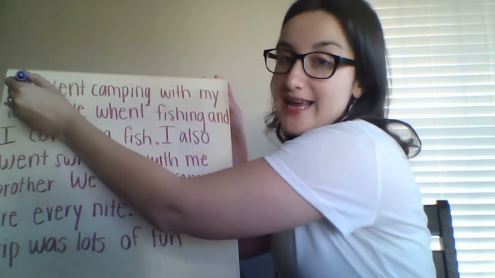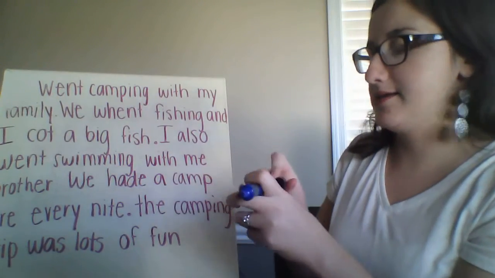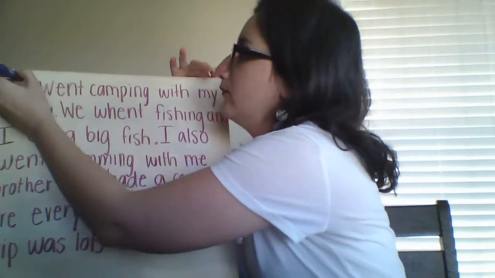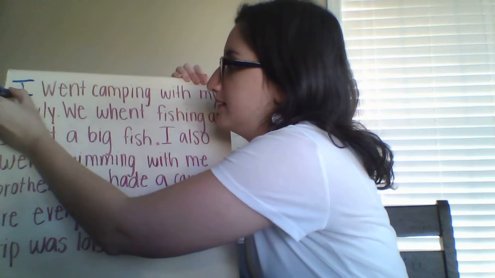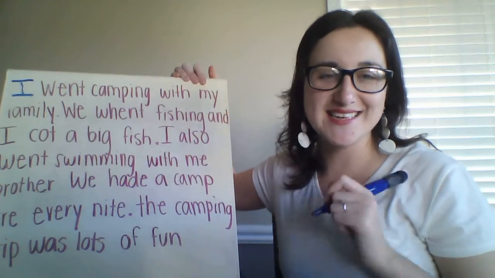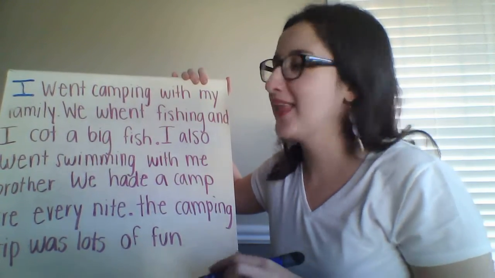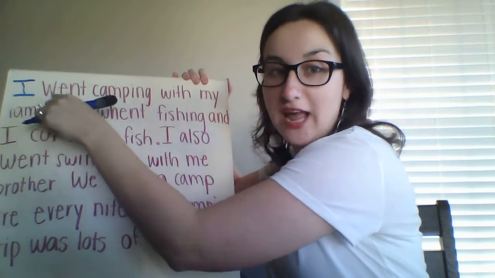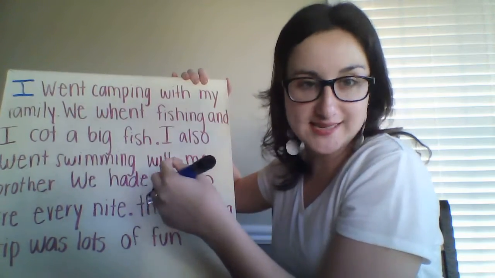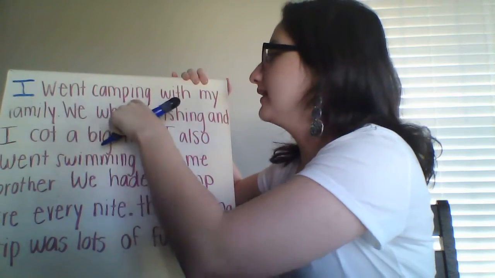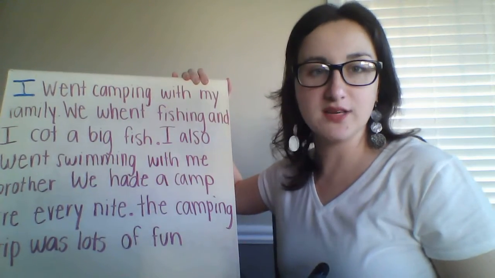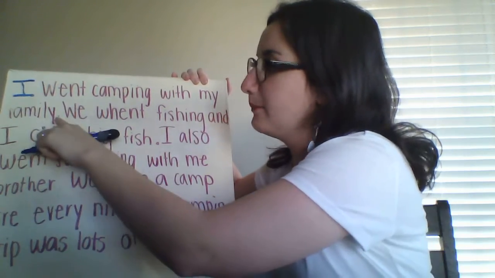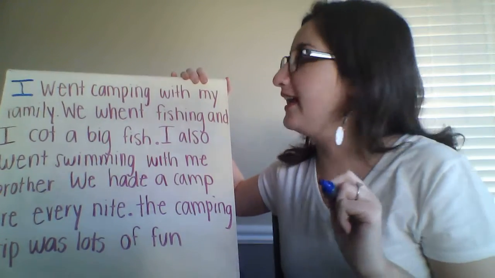I'm going to erase the lowercase I and write a capital I. Every sentence starts with a capital letter. Now that I made that change, I can keep working on the sentence. I went camping with my family. Looks good. I have ending punctuation, which is perfect.